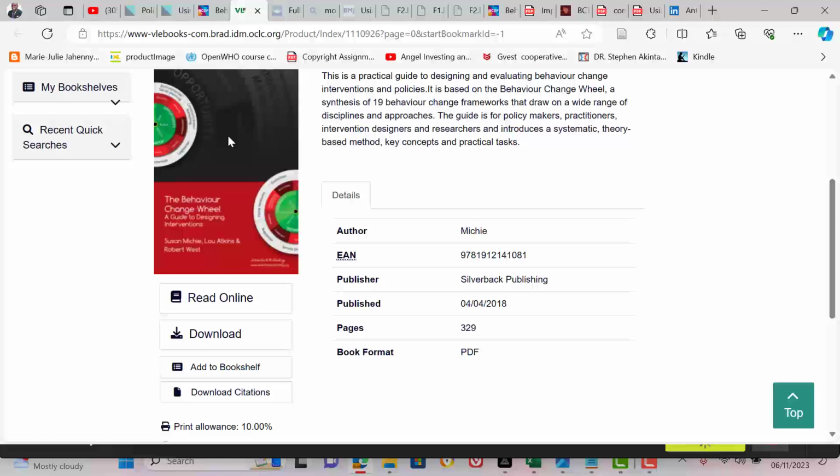So the main reason why you need to stick to the end of this video is because it's going to be a very practical thing, especially for postgraduate students in public health that are studying the behavior change wheel and finding it difficult to understand how to link the COMBI model with the behavior change wheel, and then with the logic model, and then getting the whole planning of the intervention.